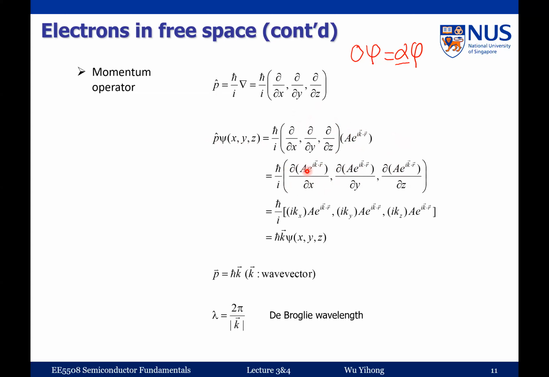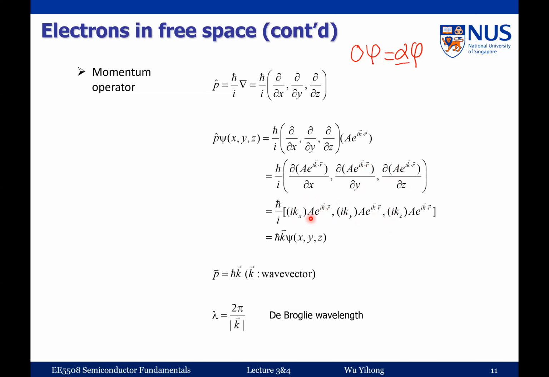A is a constant, so you don't need to differentiate it. You look at this k dot r. You have kx x, which is the only term that counts as x. You differentiate once with respect to x, you get i kx. So that's one here, and then you go back to the function itself. Similarly, you differentiate with respect to y. You have ky y, and differentiating gives coefficient i ky. And for this one, you get i kz.